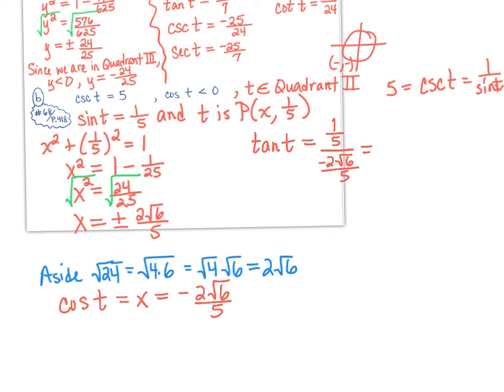That's the same thing as 1/5 times 5 over negative 2 square root 6. These 5's cancel out. So that leaves us with 1 over negative 2 square root 6. But again, we have a radical in our denominator, which means we have to rationalize, or multiply by 1 in the form of square root 6 over square root 6.